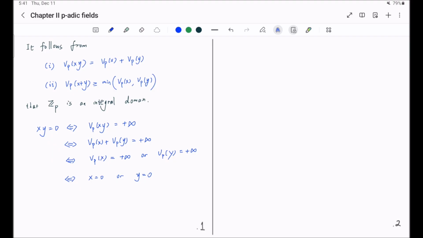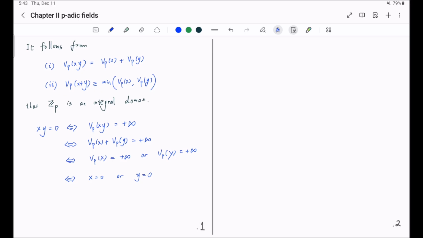You might wonder, why do we care that the ring of p-adic integers Zp is an integral domain? This is because, recall from abstract algebra, we know that integral domains have their corresponding fields of fractions. Namely, there will be well-defined quotients of two elements in Zp, given the denominator is non-zero. And that field will be called the field of p-adic numbers, or a p-adic field.